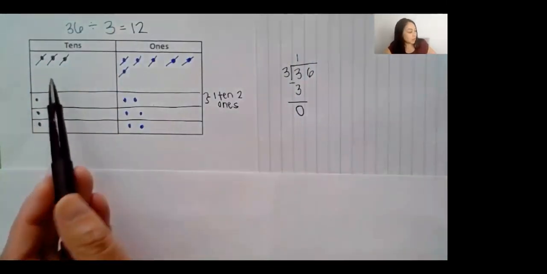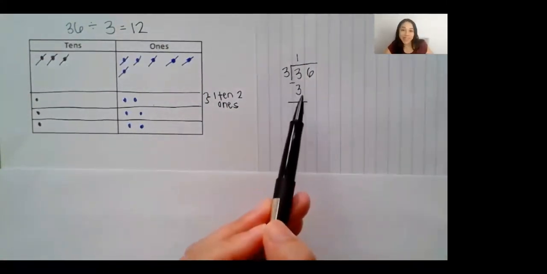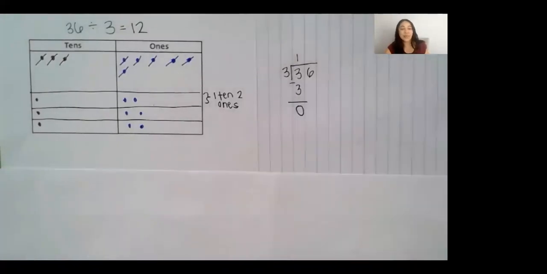How many tens are remaining to be distributed? 0. 3 tens minus 3 tens equals 0 tens.